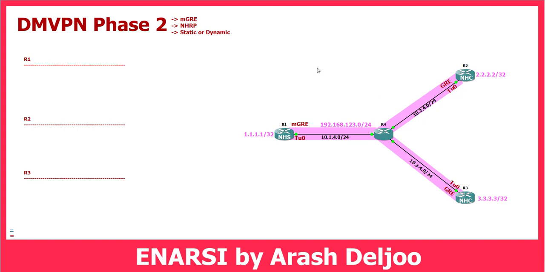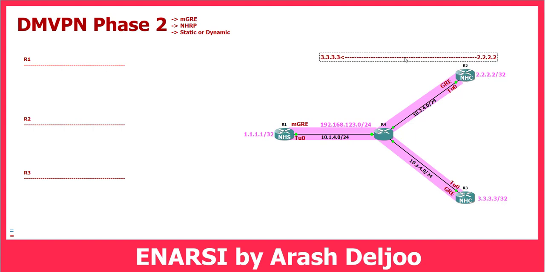First, let me review DMVPN Phase 1. You know that in DMVPN Phase 1, when we want to send traffic from one spoke to another spoke, this traffic first should be sent to the hub. For example, assume that we are sending traffic from Quad 2 to Quad 3, meaning from one spoke to the other spoke router. Here we have one spoke router.